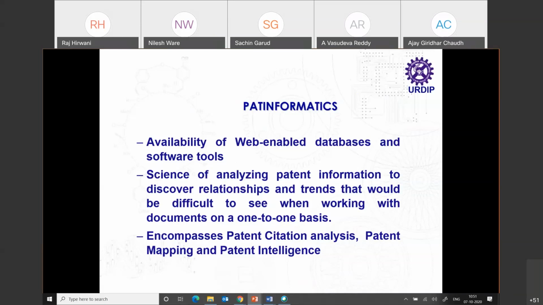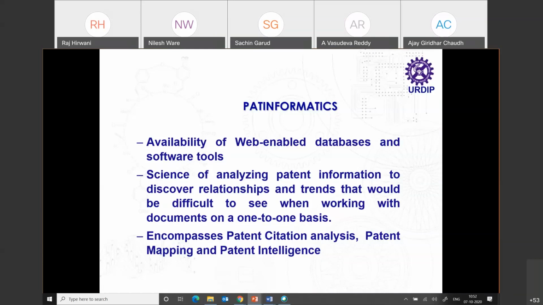Now, since they are available, a lot of software tools have been developed, and you can get the information you want to play upon. All this availability of databases and software leads to a new science of analyzing patent information.